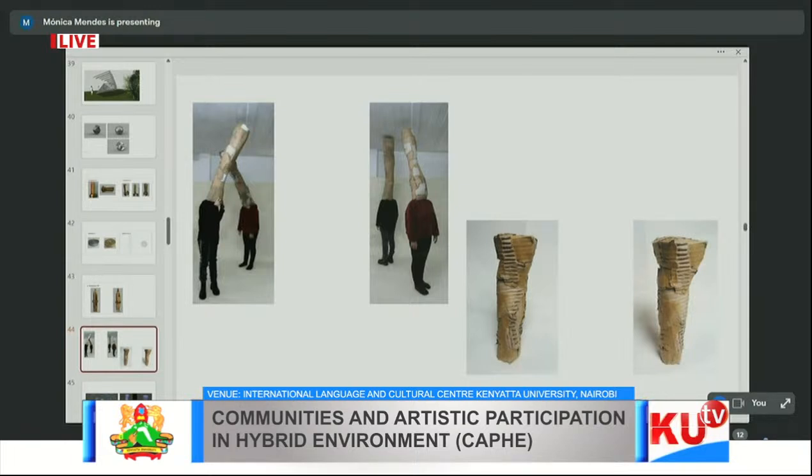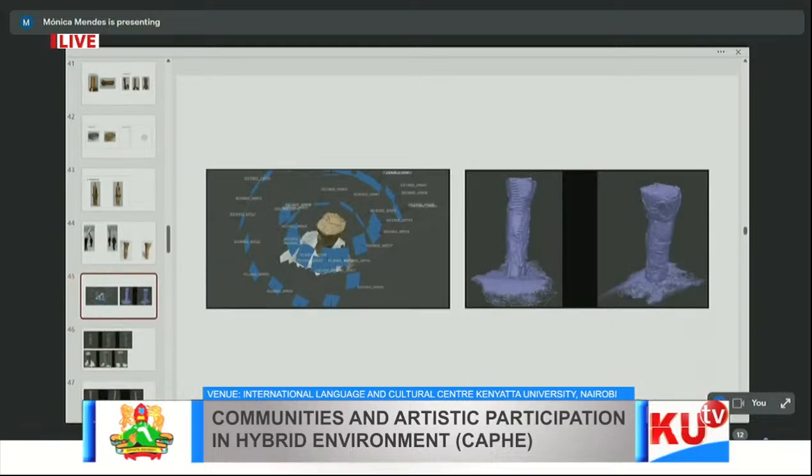This is for the last year of the bachelor, where the student has these strange devices or helmets, and then it was digitalized with photogrammetry. So here on the left side you can see the process, and on the right side you can see the output, which is the digital mesh, the polygonal mesh, the output of the photogrammetry process.